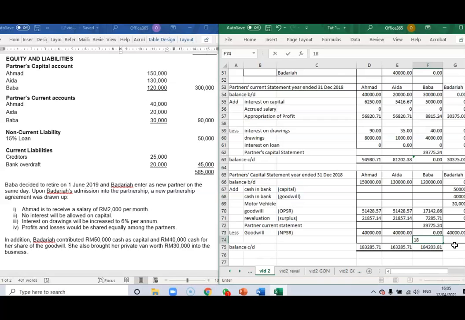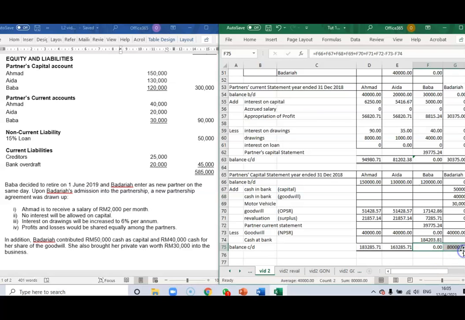So actually 184,203.81 should be on the less side. So you put here cash at bank because we will do the bank transfer to pay the balance that we owe to Baba. So in this one we should deduct, and the balance carry down of Baba must be 0.